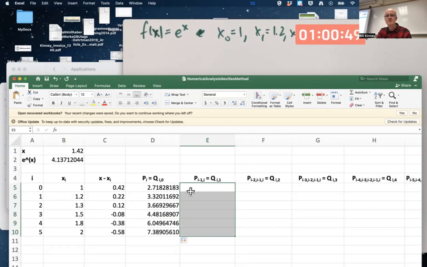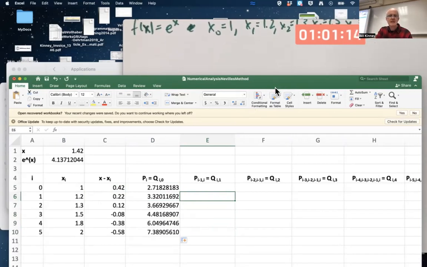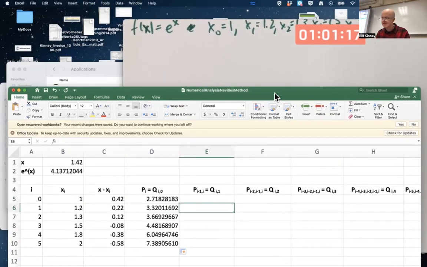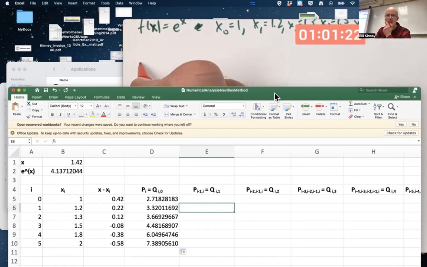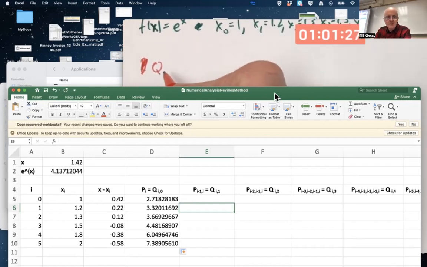Well, by convention, the one that interpolates between the values at the 0th and 1st nodes, x0 and x1, will go in the row labeled with I equal 1. And then 2, then 3, then 4, then 5. Just a convention. How do you do it? So this, the one that goes in this first spot here in cell E6, I is 1, is evidently labeled P. Well, okay, the Q labeling is Q11.